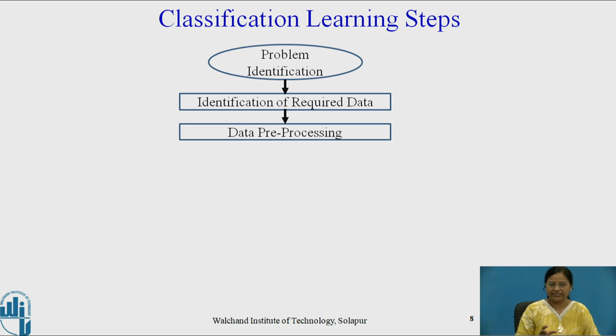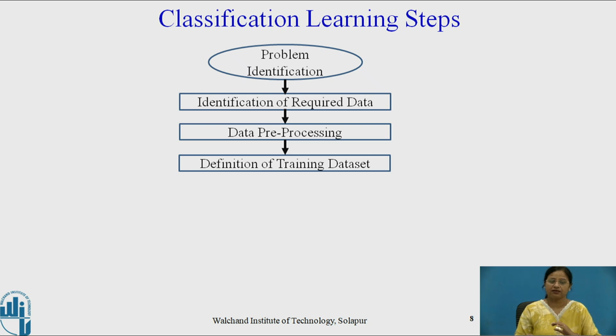Data pre-processing is nothing but the transformation of the raw data into the required format, so that we can use that data set directly for the machine learning algorithm. Once the data is pre-processed, we can say that now the data is ready for processing or analysis.